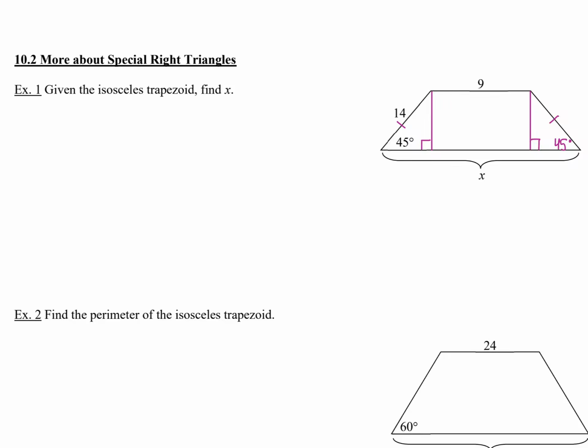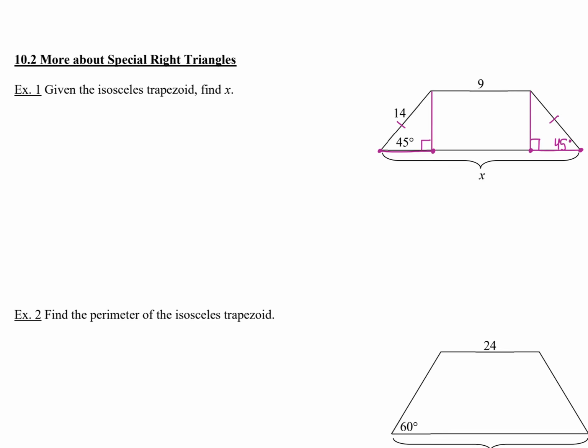Okay, and so we are going to use the 45, 45, 90 here to help us determine the length of this side here. Because if I know that, then I can add it to that 9 as well as this length over here, which will be the same, to find my x.